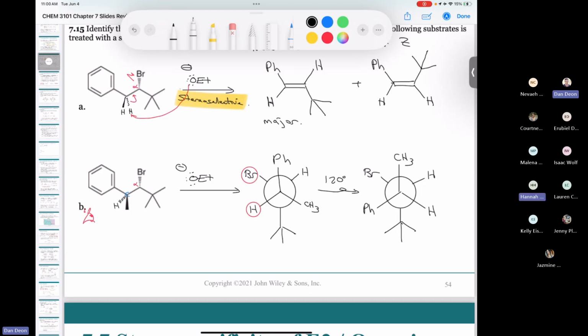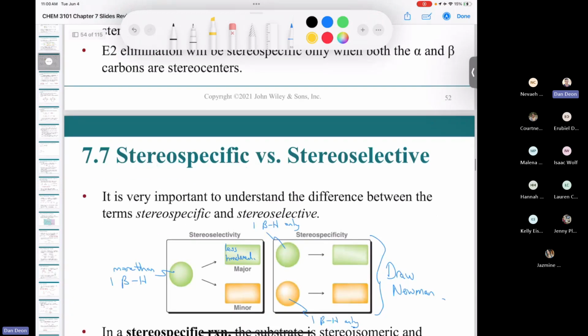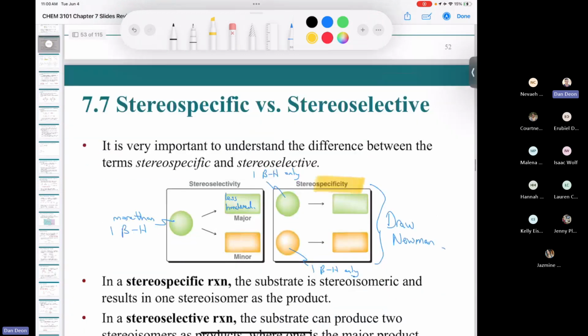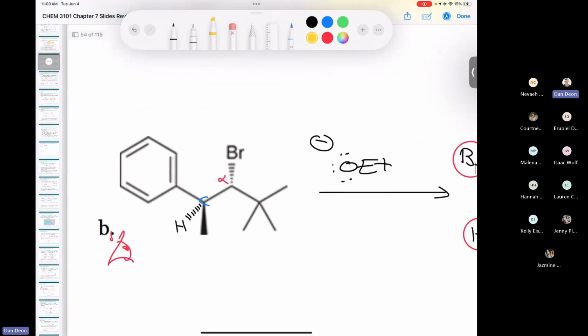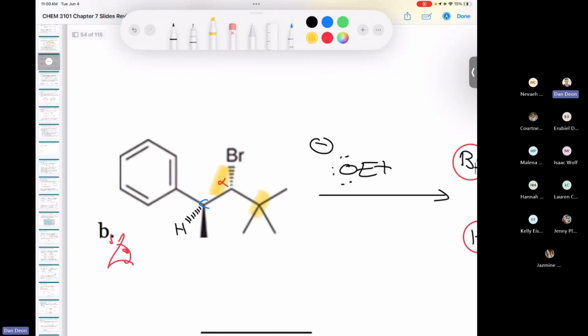Mr. John, yeah, go ahead. How did you know that that one was stereospecific again? Okay, if it's stereospecific, you have one beta proton only. So if we go back here, here's our alpha carbon. This is a beta carbon, the one that I have highlighted in yellow that doesn't say alpha. There's no hydrogens on that.